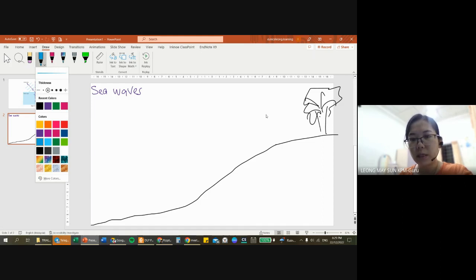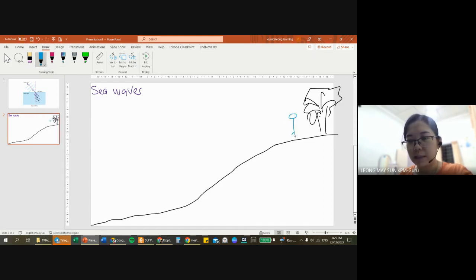So what you will see is that normally when you stand at the side of the beach area, and you look at the places where the boats and ships are located, you will notice that the ship is actually not wobbling up and down. Why? Because further out at the deep sea region, the waves are very far away from each other.